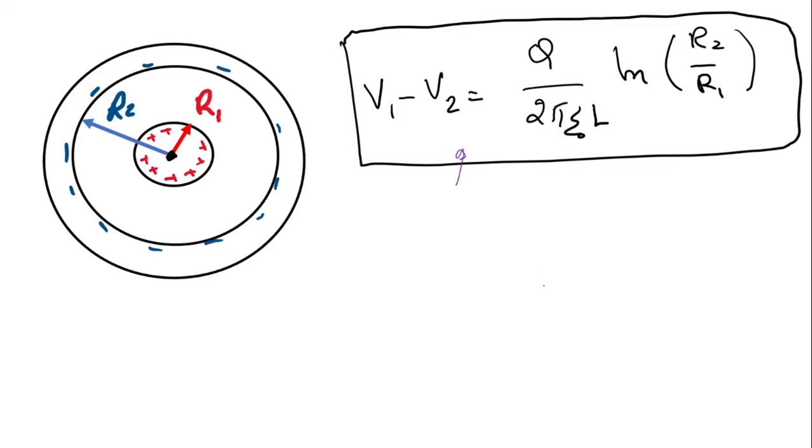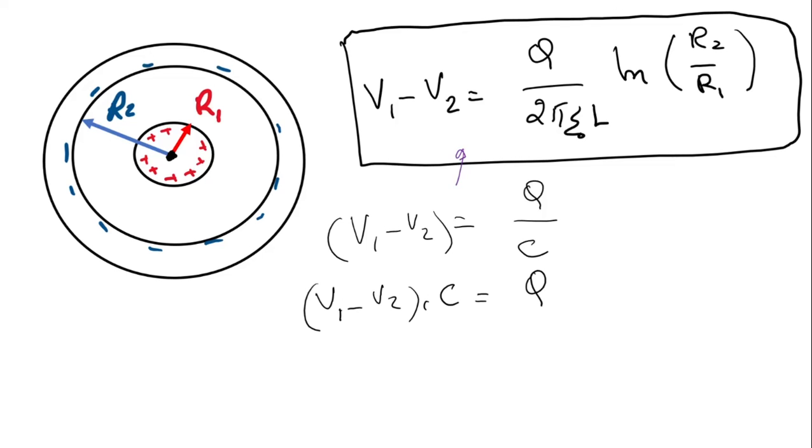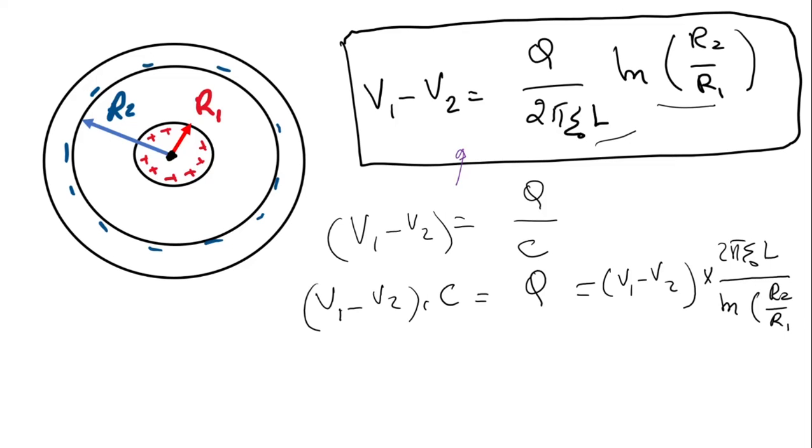Now all we need to do is identify the capacitance from this formula. We know V1 minus V2 equals Q over C. So what will be C? V1 minus V2 times C equals Q. If I move this term to the other side, C will be 2 pi epsilon 0 L over the natural logarithm of R2 over R1.